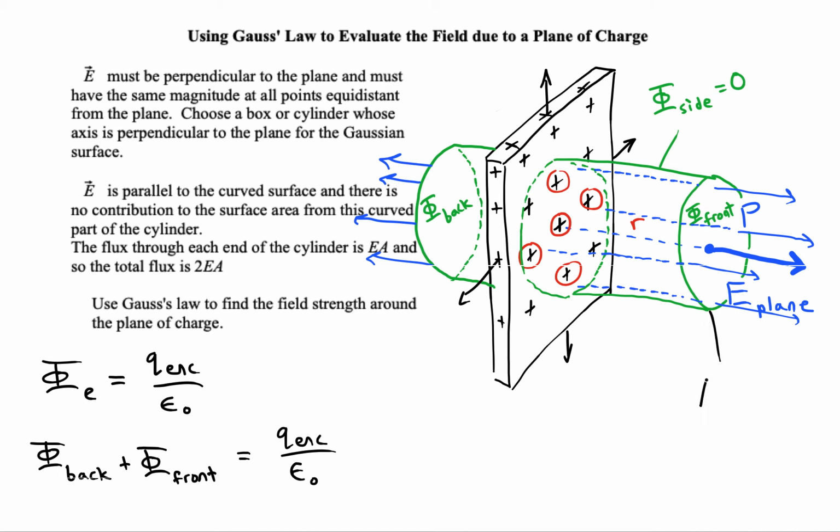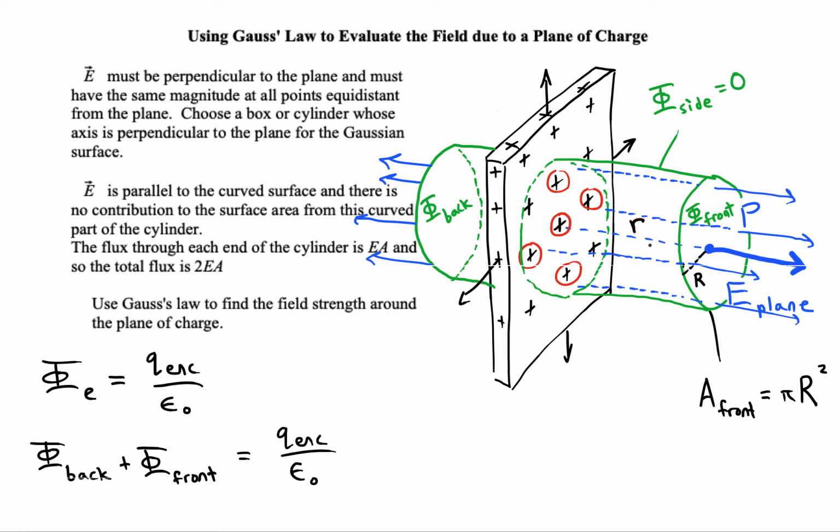And we'll find that the area of the front is given by pi times big R squared, where big R is going to be the radius of our Gaussian cylinder. Not to be confused with little r.